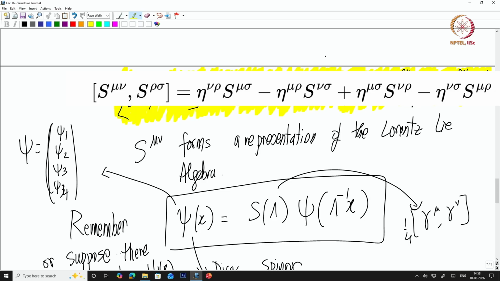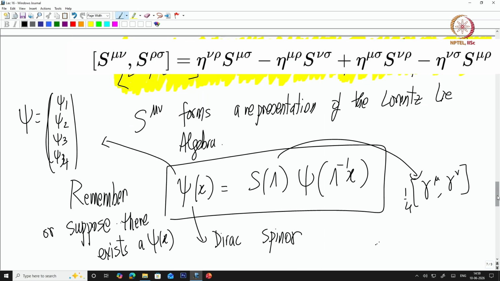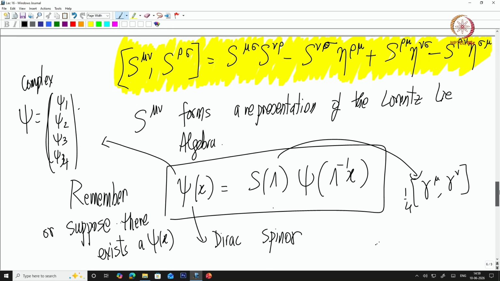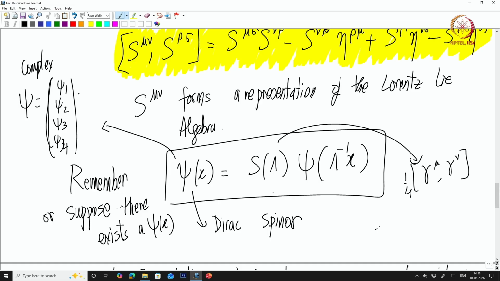It tells you that if you have a psi of x which is a complex spinor, this will transform exactly like S of lambda, which is again built from the gamma matrices, a representation of the Lorentz algebra, times psi of lambda inverse of x.